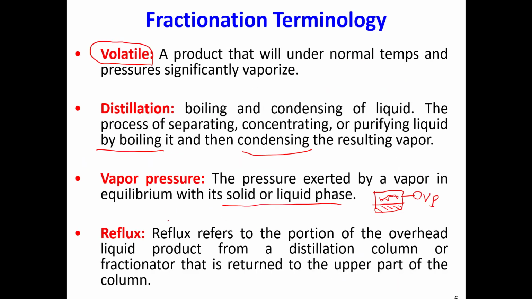So reflux refers to the portion of the overhead liquid product from a distillation column or fractionator that is returned to the upper part of the column. This is what you already saw.